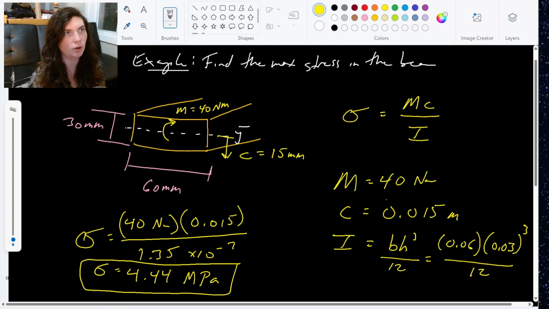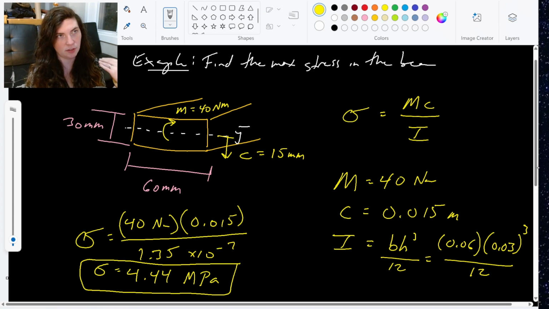You just have to know where to find each of these three pieces of information. So this is typically the way I tackle these problems. I go, all right, what's the moment? Do I need to do anything to find that moment? I move on to C. Do I need to find a centroid? Do I need to do anything to find C? Let's find what the C value is, and then the moment of inertia.